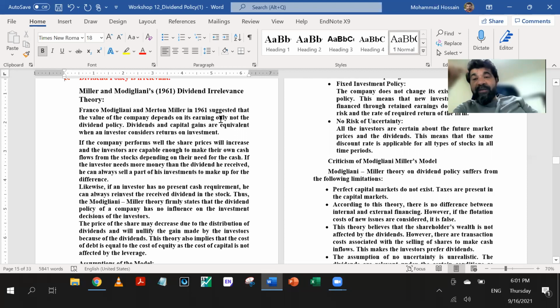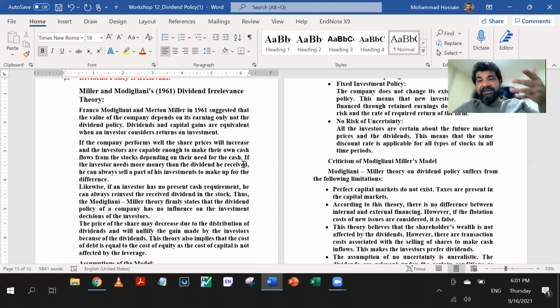But the value of the company depends on the profit earnings of the business. If the company performs well, the share price will increase, and investors are capable of making their own cash flows from the stock depending on their need for cash. If shareholders really need money, they can sell some of their shares.